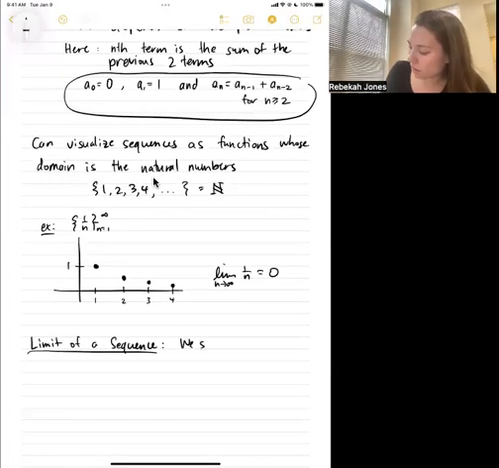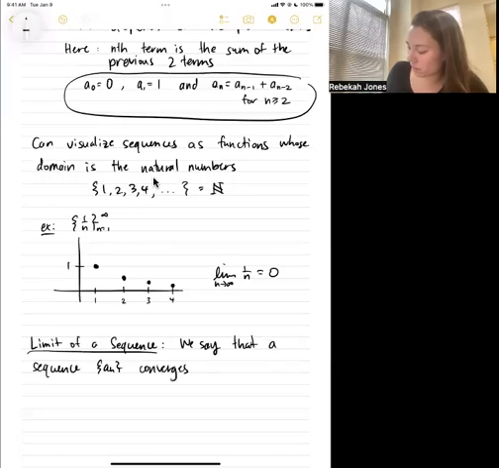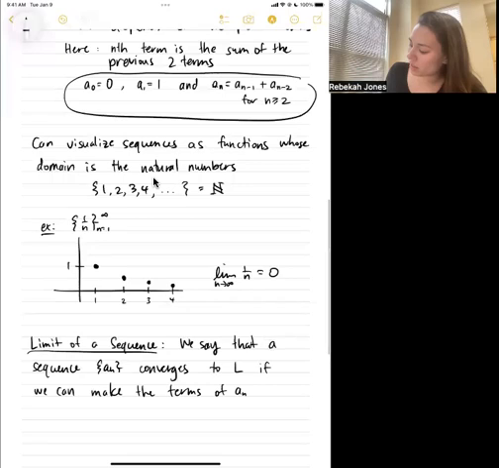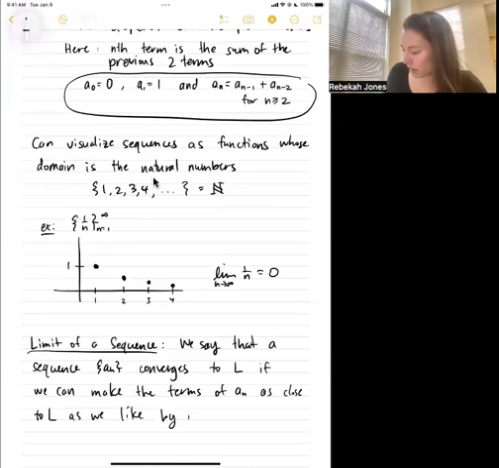We say that a sequence a sub n converges to a number L if we can make the terms of a sub n as close to L as we like by making n sufficiently large.